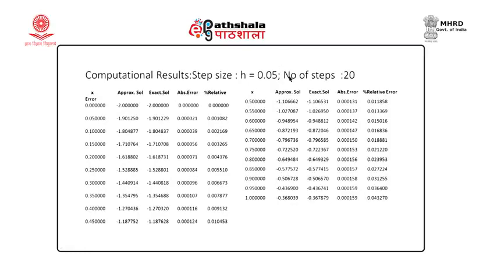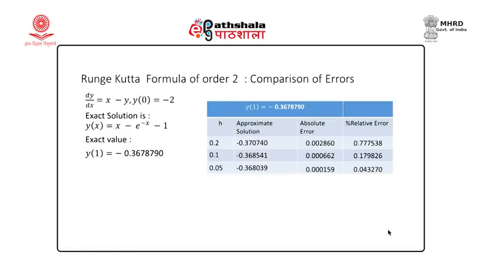Further, if you reduce h to 0.05, then the final approximate value is minus 0.368039, the exact solution is minus 0.367879, and the percent relative error is 0.043270. Let us compare these results.